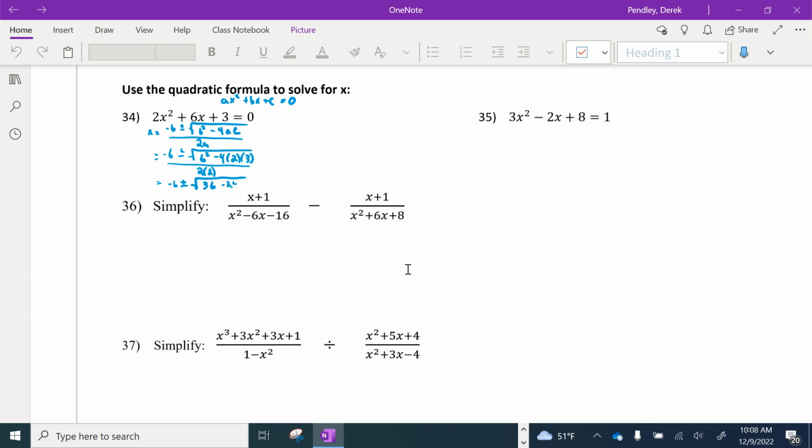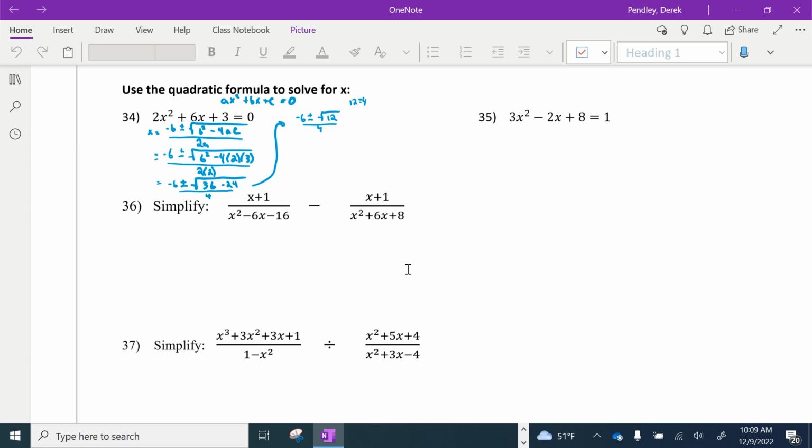So if I bring this up over here, I have negative 6 plus or minus the square root of 12 over 4. Now 12 is not a perfect square. I can't take the square root of 12 and get a whole number, but it has a factor that is a perfect square, and that's 4. So 12 equals 4 times 3.